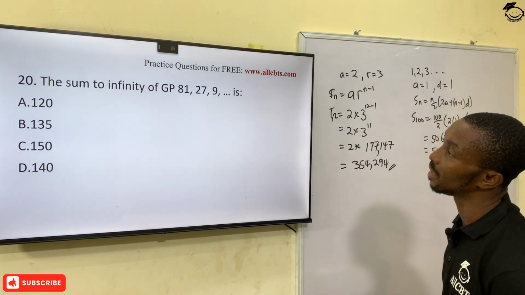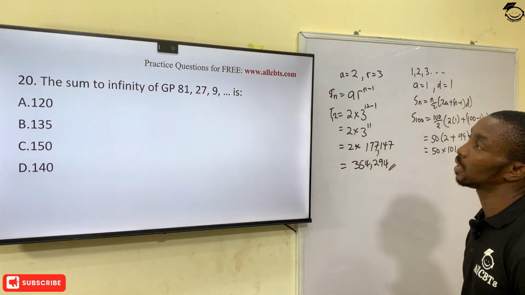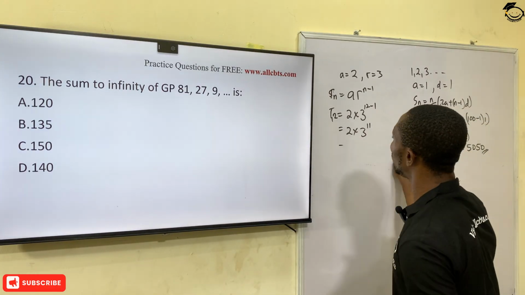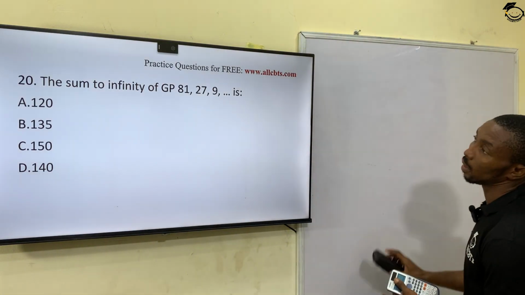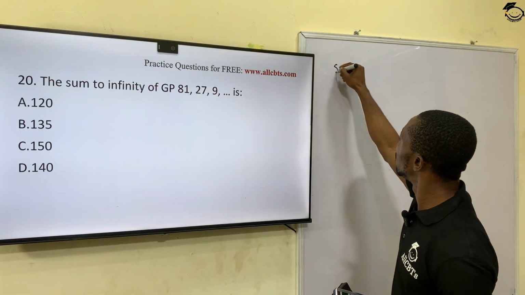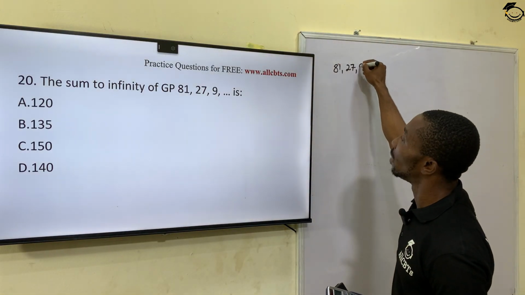And the next question says, the sum to infinity of the GP 81, 27, 9.